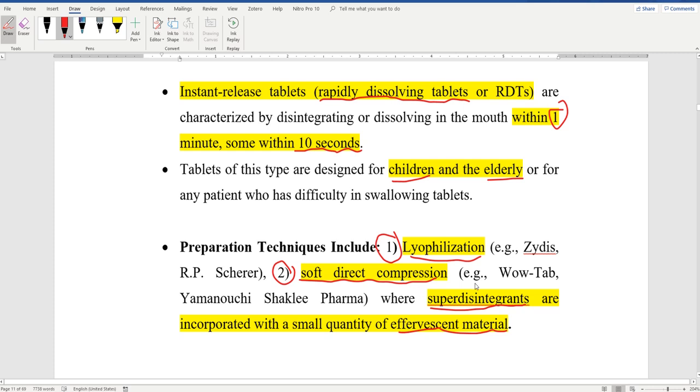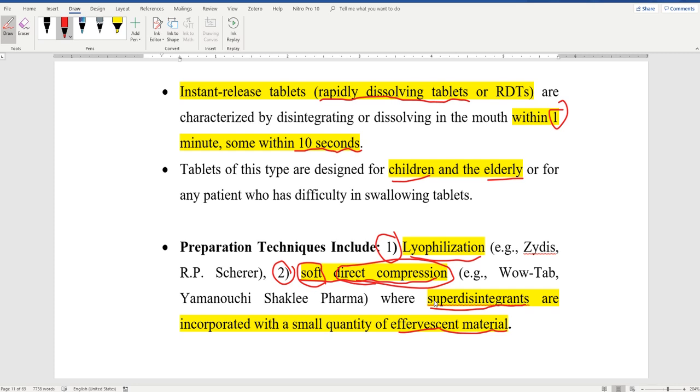Okay, soft direct compression. Look, there is soft, and there is direct compression. Let me tell you first about direct compression. When you want to produce tablets, you can do it in one of two ways, either direct compression or indirect compression.